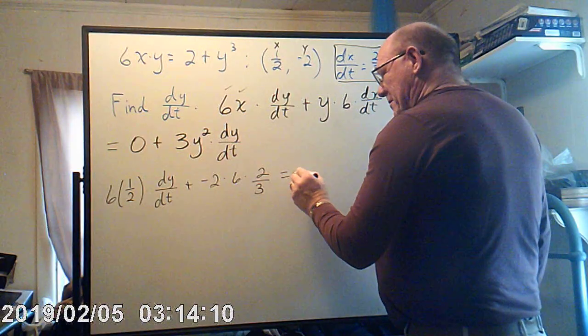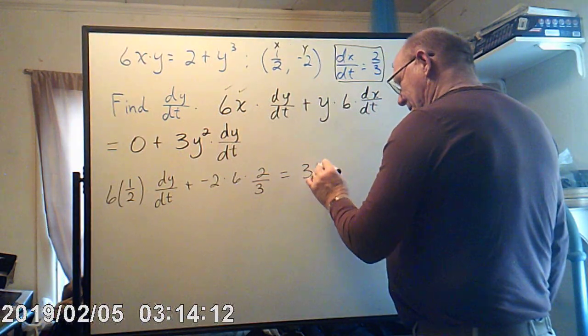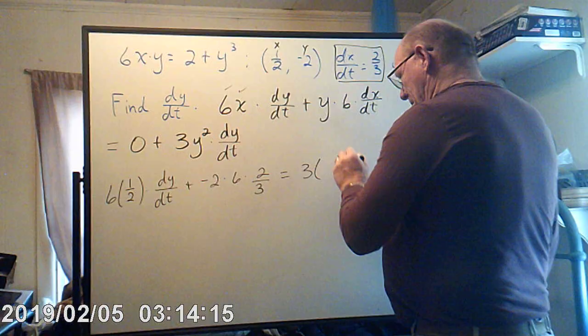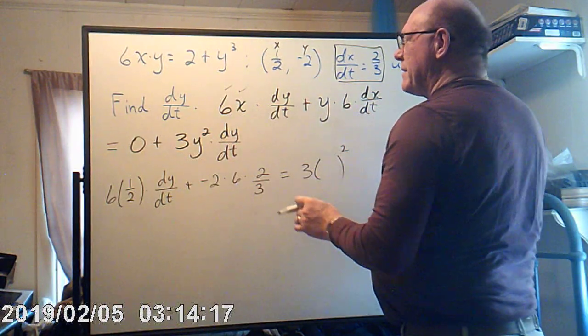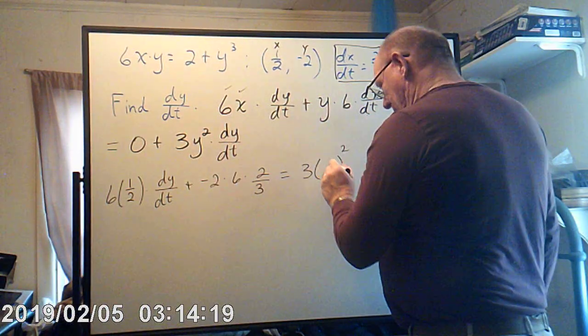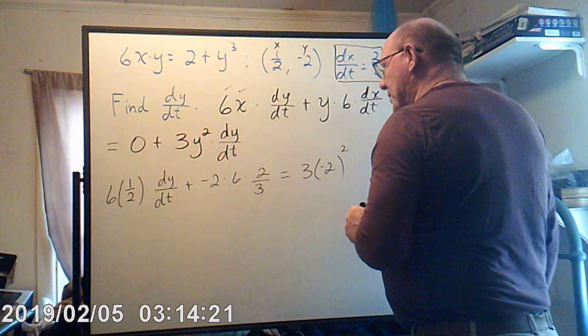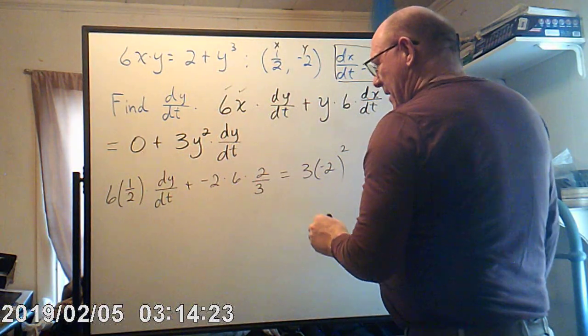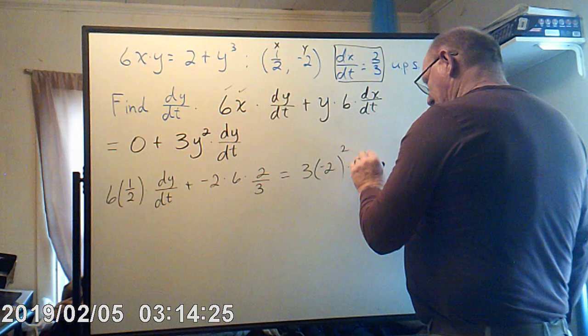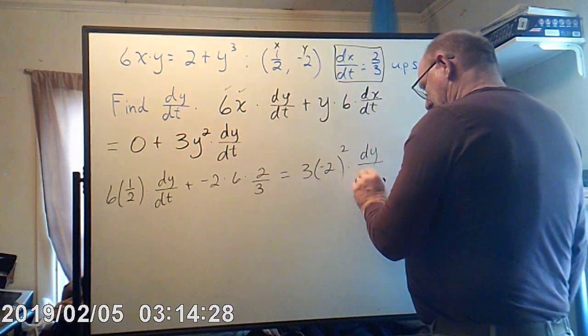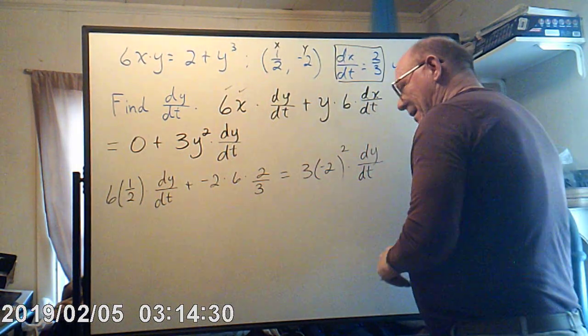Alright, now that's equal to 3y squared, and we know what y is. So y squared is -2 squared, and we're still looking for dy over dt, right? That we do not know.